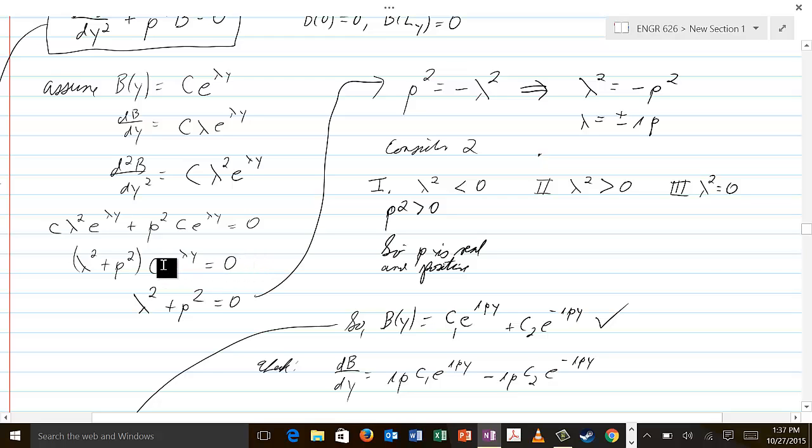Now, for this to be true, either lambda squared plus p squared must be 0, or c e to the lambda y must be 0. We don't want c e to the lambda y to be 0, because notice that c e to the lambda y is b, and so this would mean that b was 0.